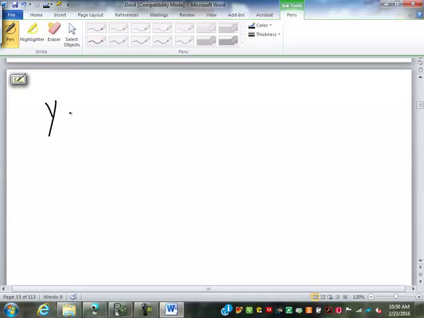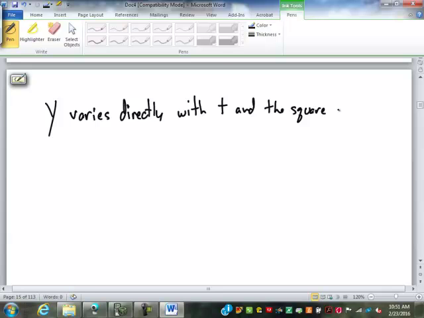Y varies directly with t and the square of m, and inversely with d.